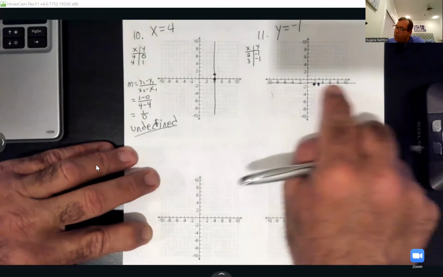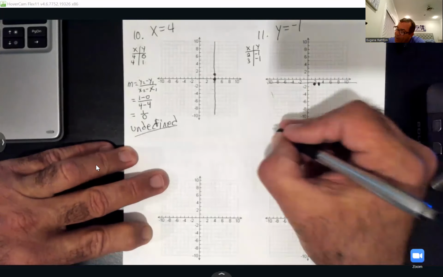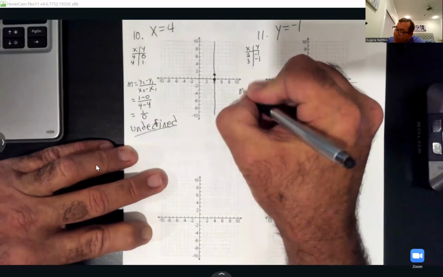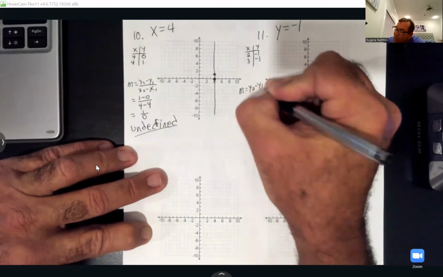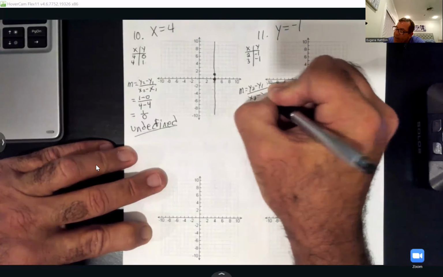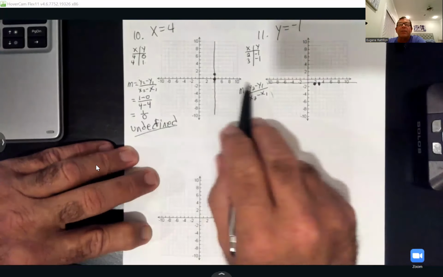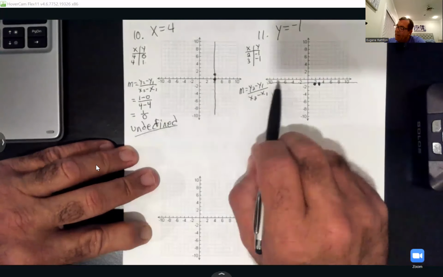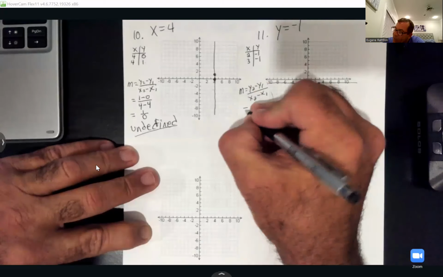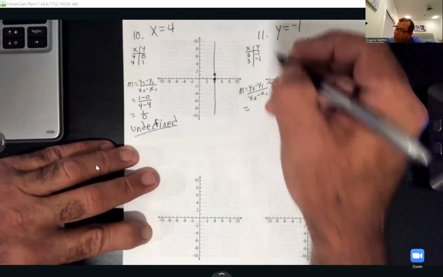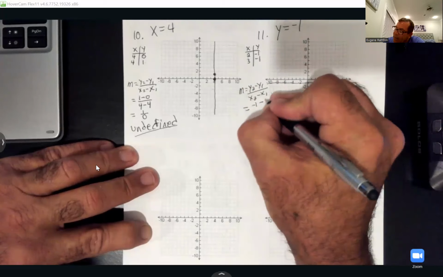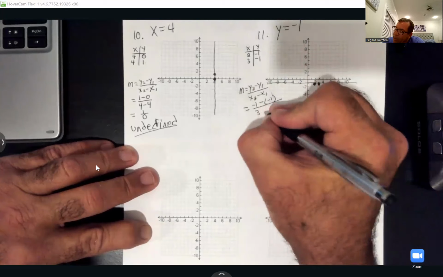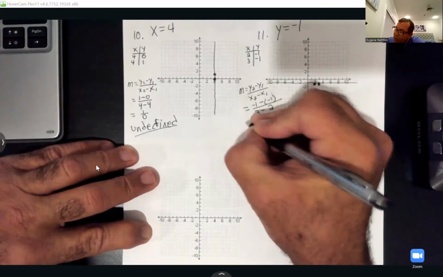So we said a horizontal line for its slope. So if you was doing that problem with the slope, you would have y2 minus y1 over x2 minus x1. Now you don't have to do this every time. I'm just showing you why vertical lines are undefined and horizontal lines. Let's see what we get. Y2 minus y1 is -1 minus -1. X2 is 3 minus x1 is 2.